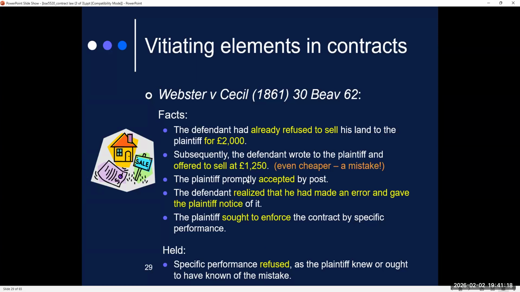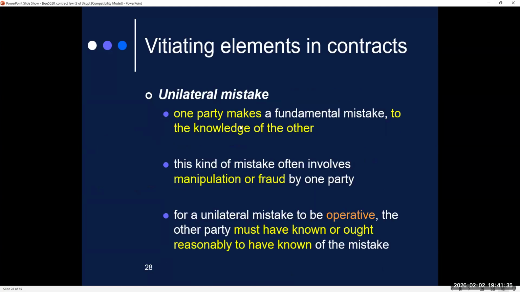As I said, the plaintiff should have known that this was written mistakenly. Should not be 1,250. Should not be that cheap. Understand? So this refers to unilateral mistake: one party makes a mistake to the knowledge of the other.